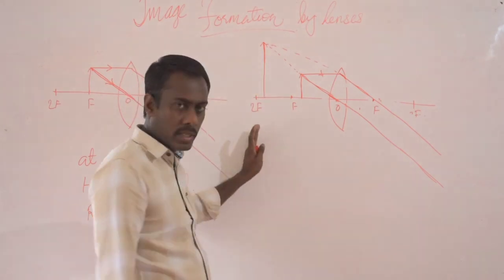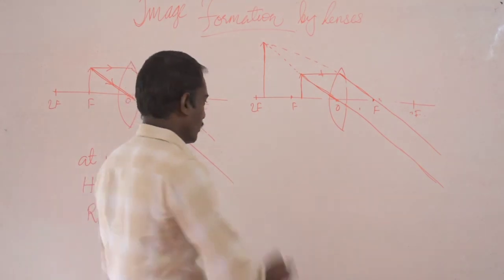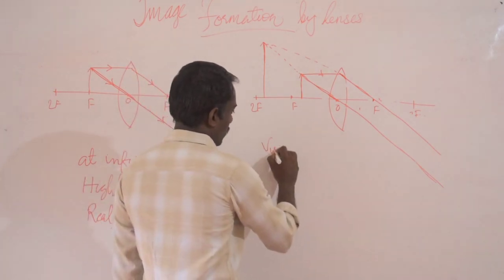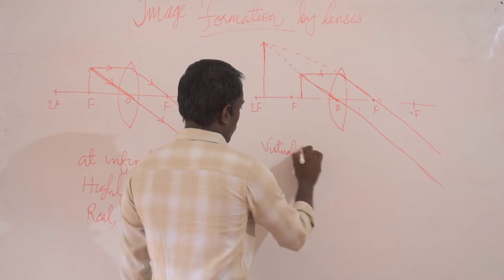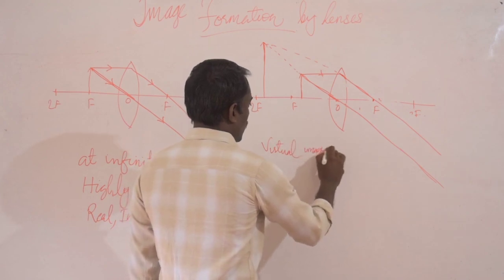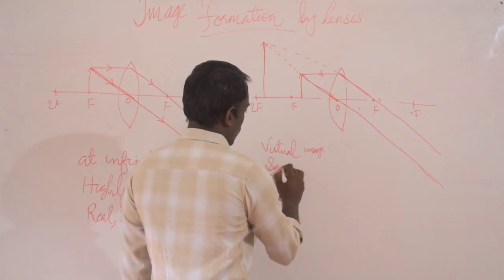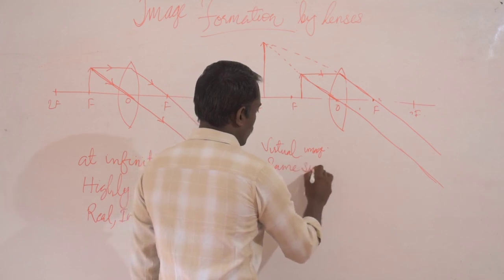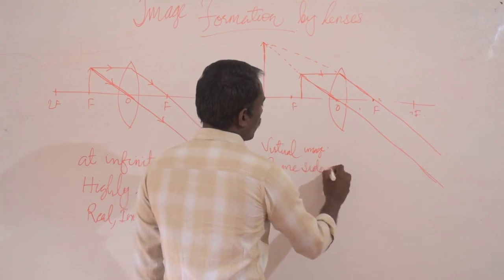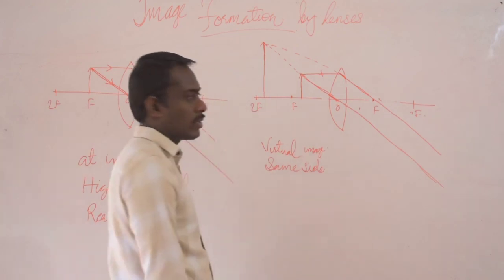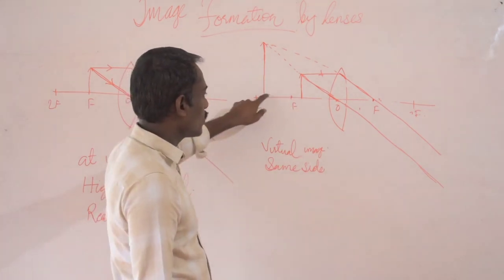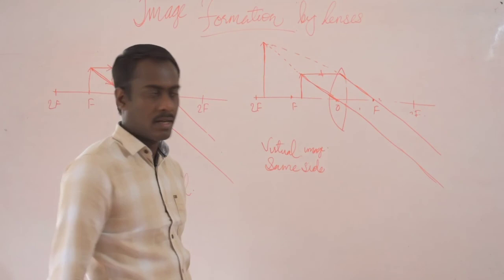So we conclude that it is a virtual image, formed at the same side of the lens. And what about the size? The size of the image is enlarged.